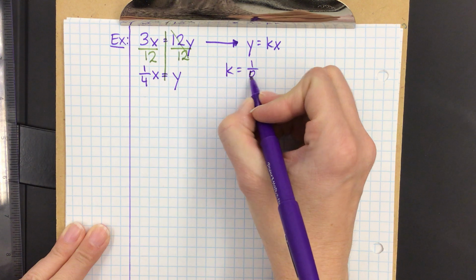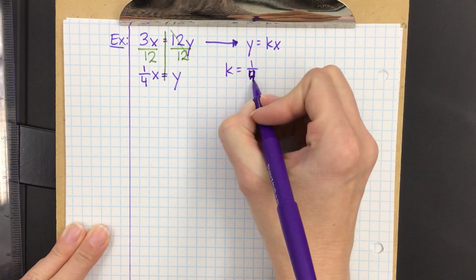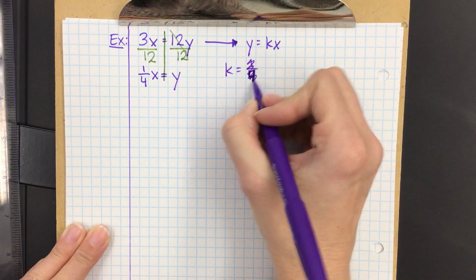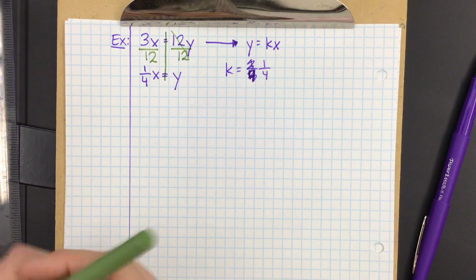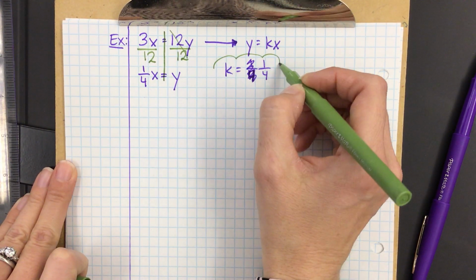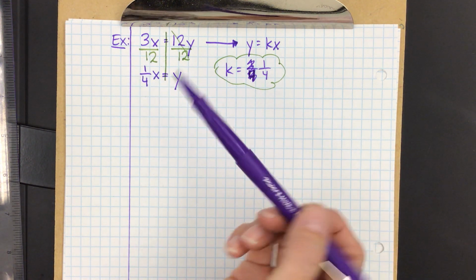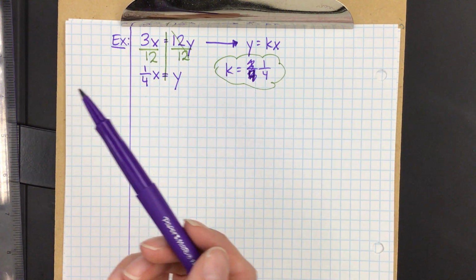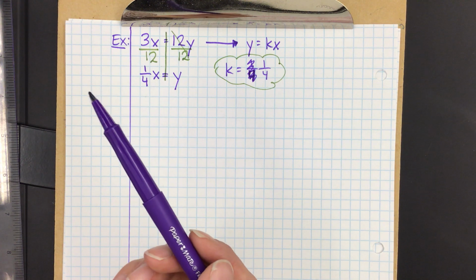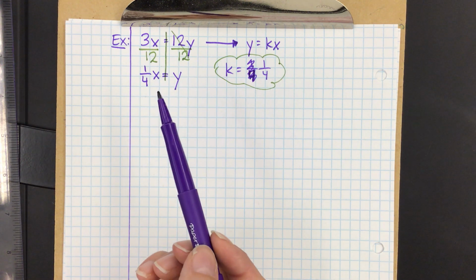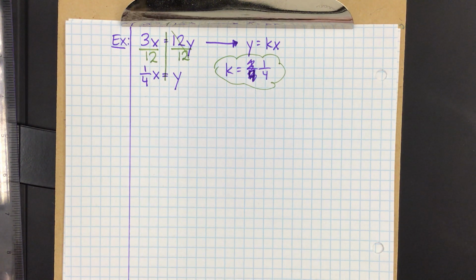And I'm out of whiteout. I need to get some more at the store. So 1/4, okay? So the goal here is, if you're given an equation that is not in the correct form, to just isolate your y using inverse operations until you get it in that form, and then you can see your constant of proportionality, okay?